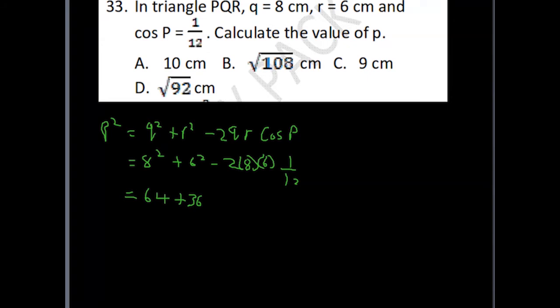If we divide this, 6 times 2 gives us 12, so we have 8 left. So minus 48. So this is 52. So our P is square root of 52.